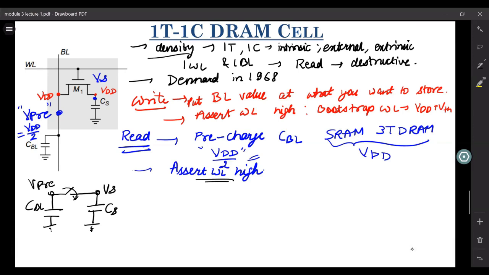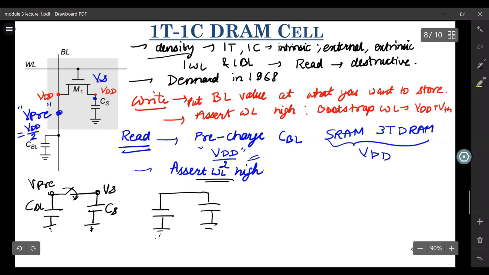So the next situation would be something like this. Once you turn it on, you leave it for some time. What would happen? So charge sharing would happen between the capacitors, and this will rest at a common potential, the potential which is common to both, right?